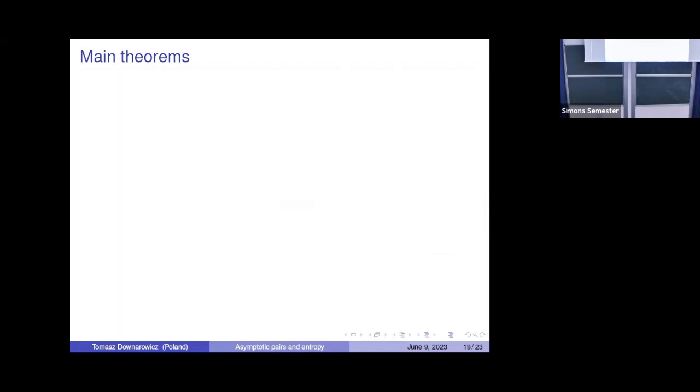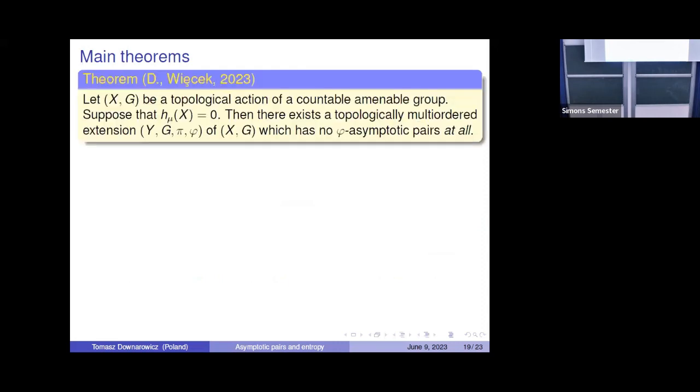Okay. The other main theorem is, as you can guess, the existence of a NAP extension for a 0 entropy system. And here we will use the topological thing. So the theorem is as follows. We have a topological action of a countable amenable group of entropy 0, topological entropy 0.